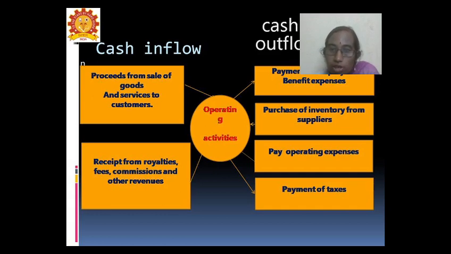So in this, the cash inflow and the outflow will depict all the operating activities, the proceeds from the sale of goods and other services to the customers, receipts from the royalties, from the consultations and other things, the payments for the expense, purchase of the inventories from the suppliers, payment of the expenses and payment of the loans are also going to be considered here.